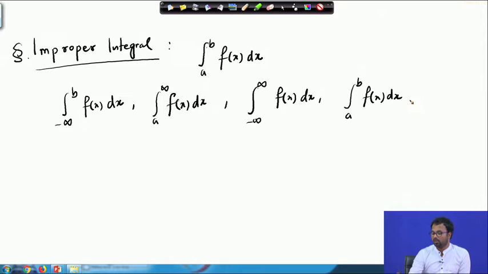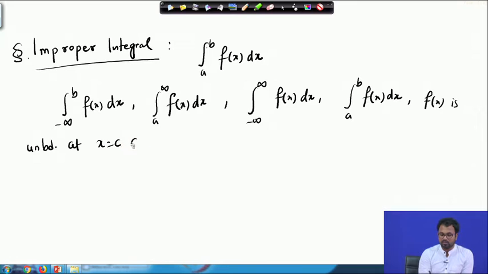So f(x) here is unbounded at x equals c in the interval a to b.